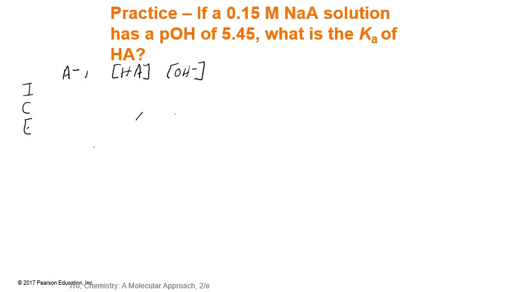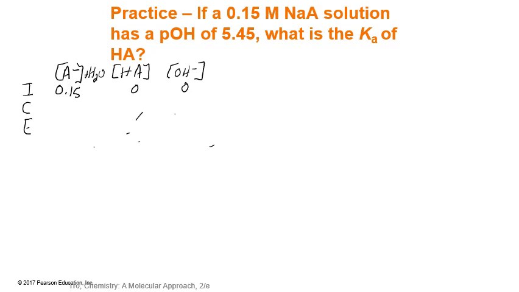We can add water in here to make it balanced, but again, it doesn't play a part in our calculations. So we know that our initial concentration is 0.15, sorry. 0 for HA and 0 for OH minus.